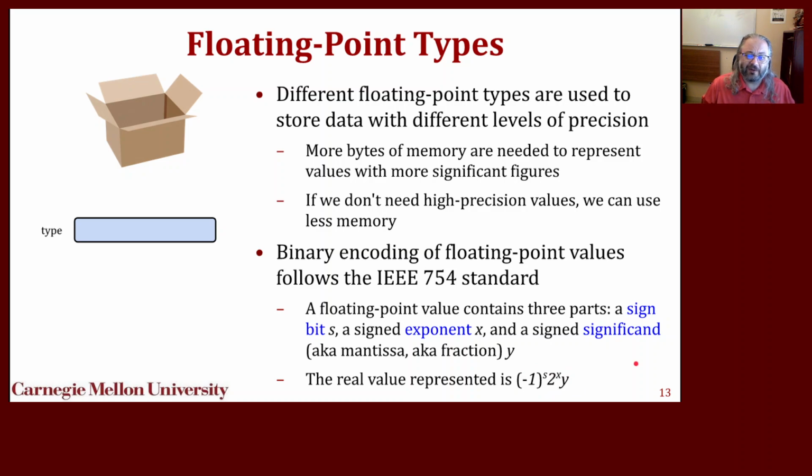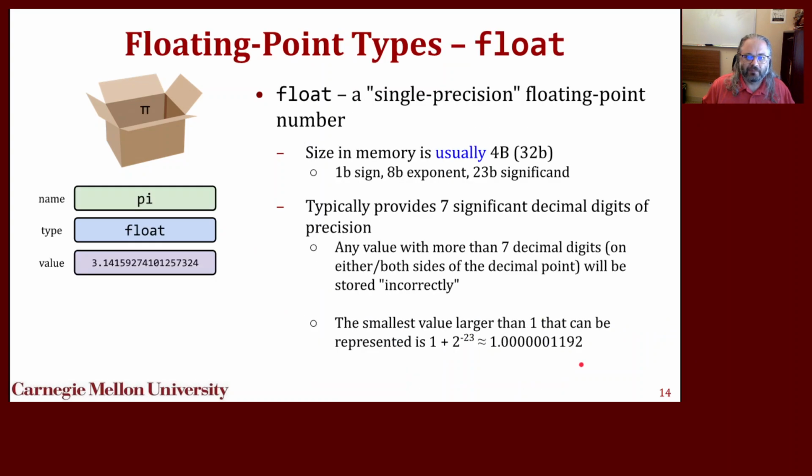So we have 3 different floating point types in C that essentially give us 3 different sizes in memory of this encoding, which means different sizes of exponents and significands, to give us different numbers of significant figures that we can represent. The simplest floating point type is called float. A float is what is called a single precision floating point number, and the size in memory is usually 4 bytes or 32 bits. With the 32 bits, 1 bit is used for the sign bit, 8 bits are used for the exponent, and 23 bits are used for the significand.